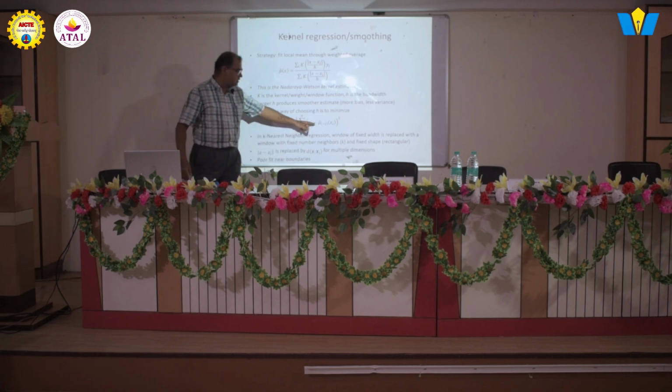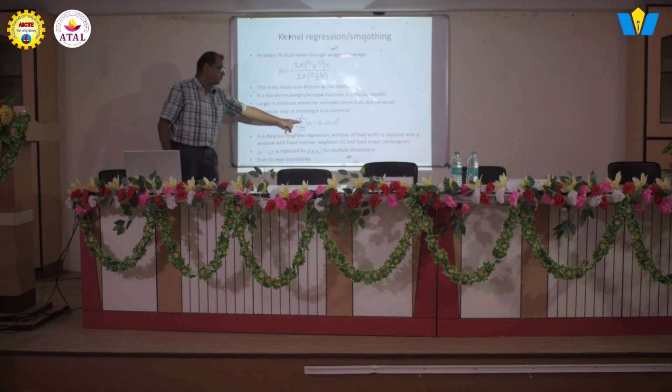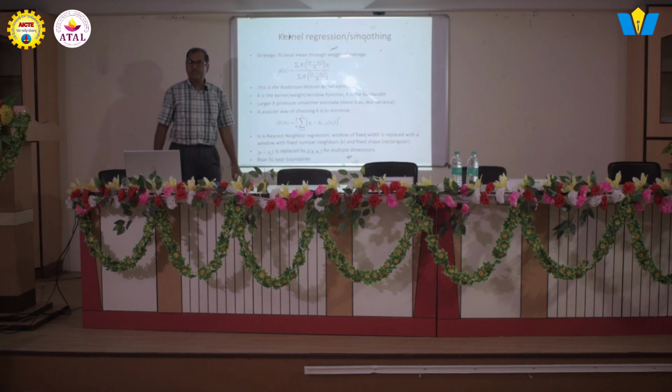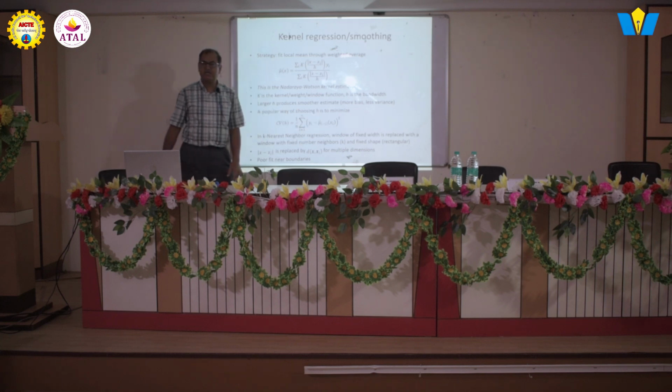After computing mu hat without the i-th case, I evaluate it at xi and compare that with yi. So in that way I am being very fair, in that I am not using my data point in constructing the estimator. I am just predicting it independently of that data point and measuring how good that prediction is compared to the observed value. So the difference is the prediction error.